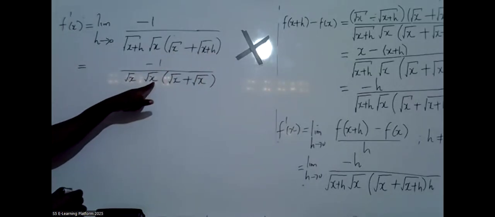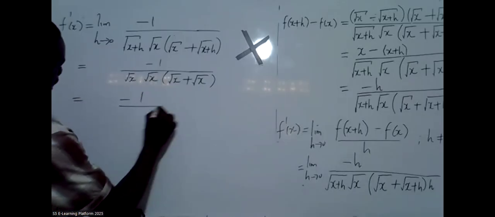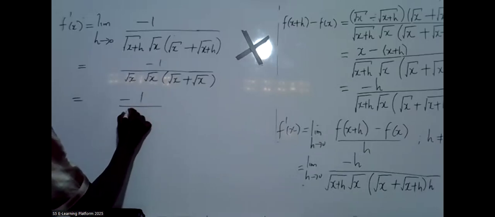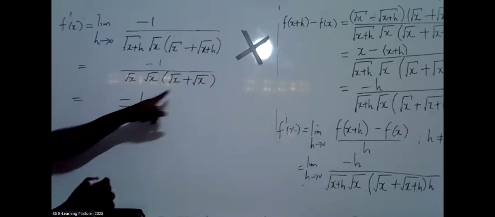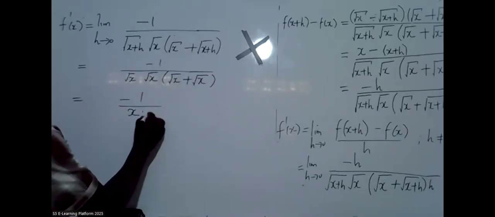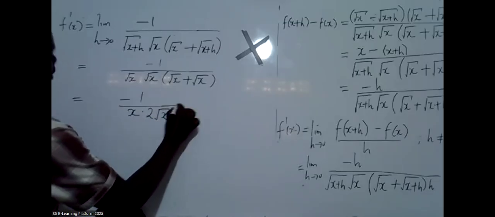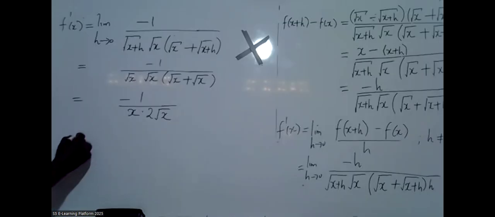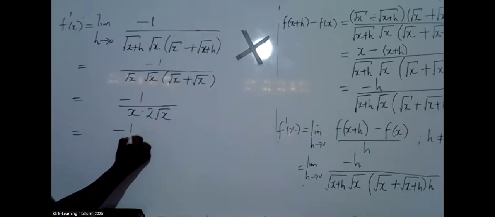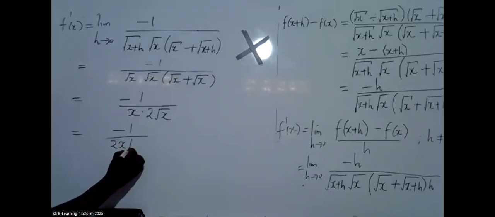Then outside here, root x times root x, you see that gives us only x. Inside here, root x plus root x will give us a 2 root of x. Like that. And therefore, you can finally have this as, some members have negative 1 over 2x root of x.